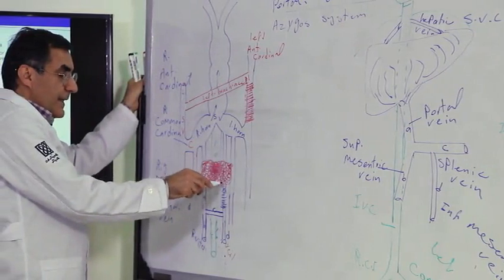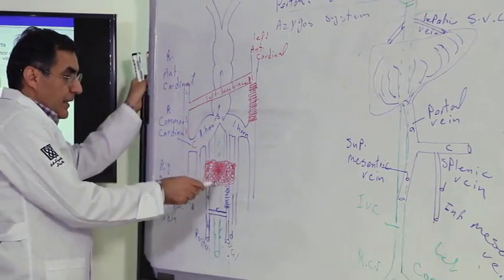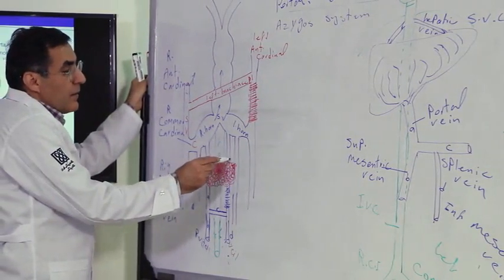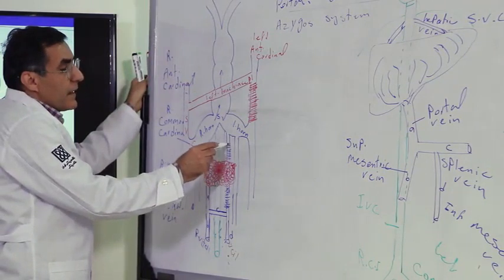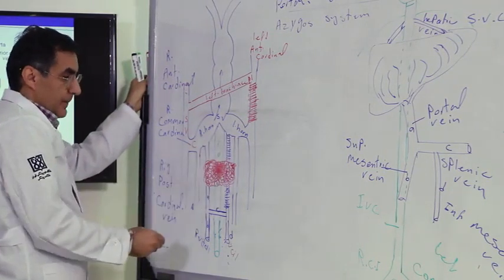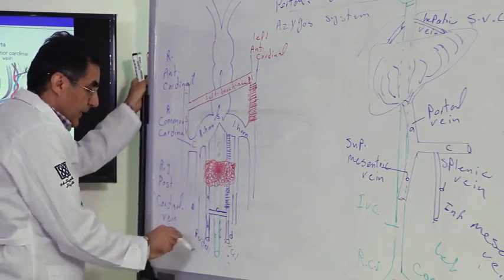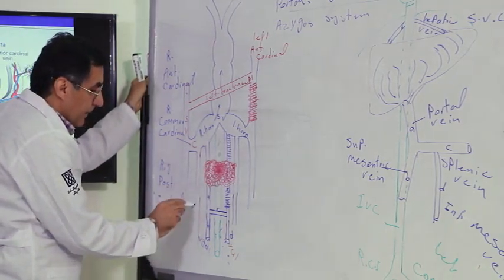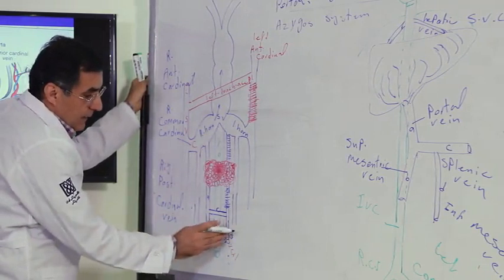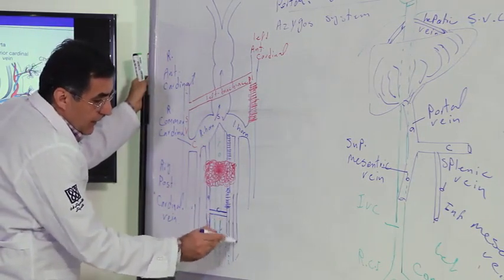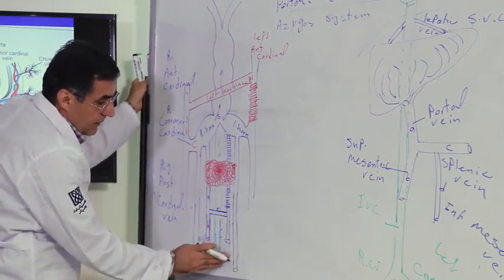And what about the liver and the right vitelline vein? The uppermost part of the vitelline vein is obliterated in these pictures. We have another vein here, if you remember.